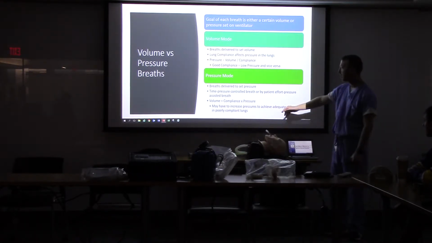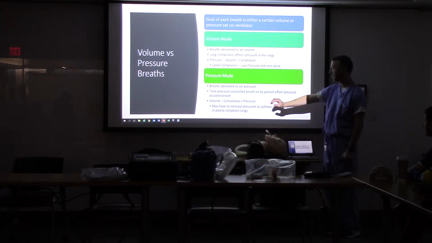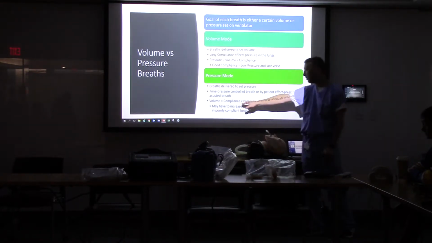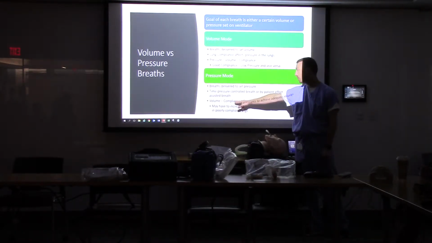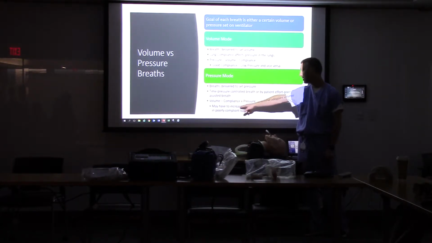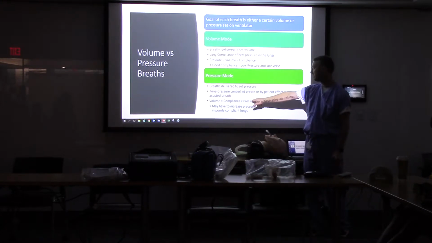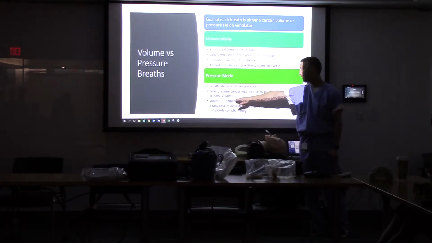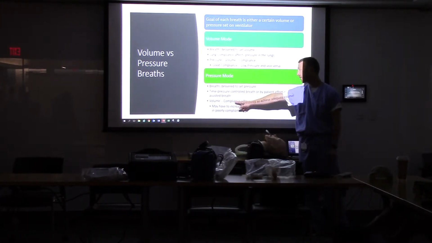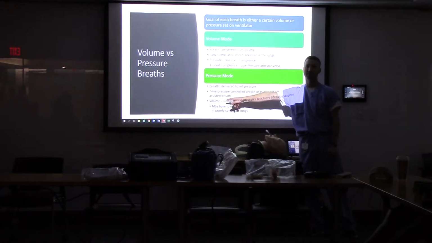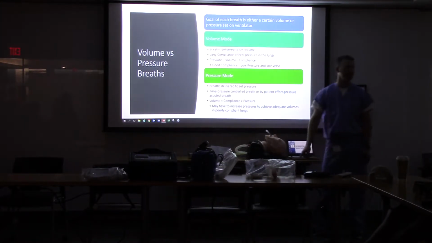So your volume delivered is a measure of how good or bad the compliance is times the pressure. The pressure is your fixed setting, and the volume is dependent on the compliance. With good compliance, you get good volume. With bad compliance, you get bad volume.